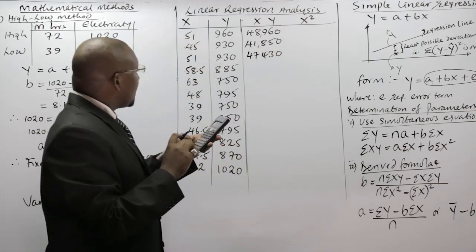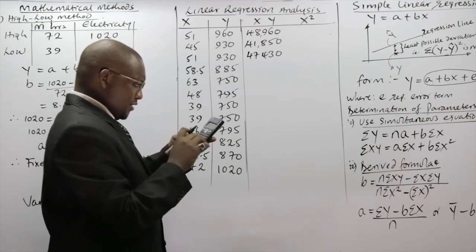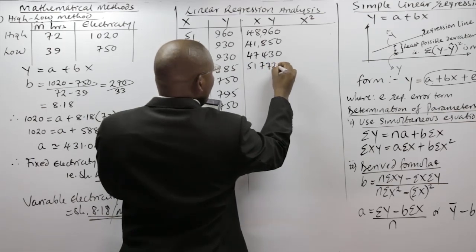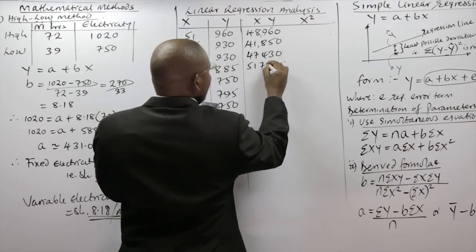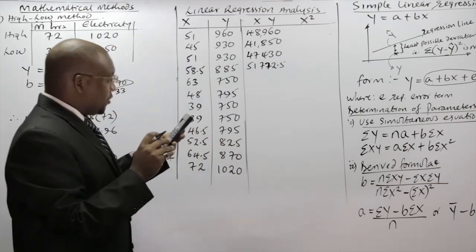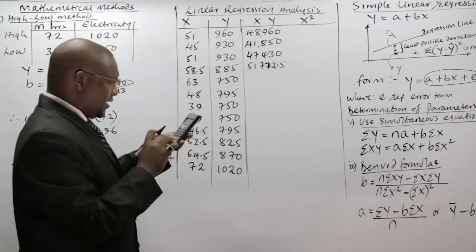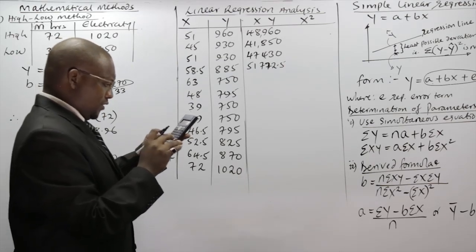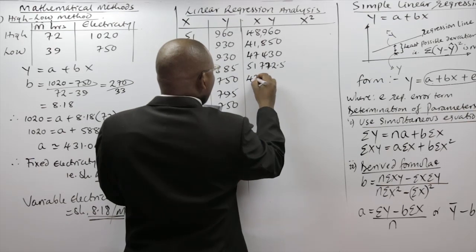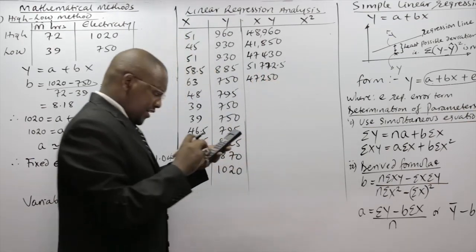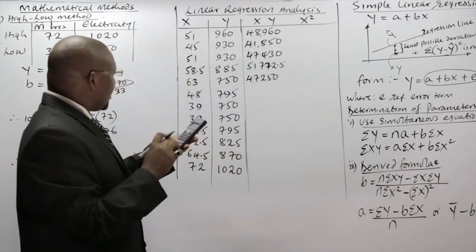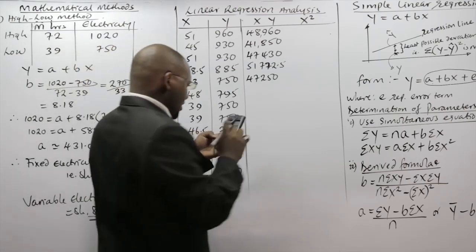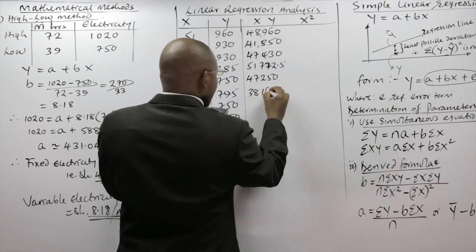58.5 times 885 gives me 51,772.5. Then 63 times 750 gives me 47,250. Then 48 times 795 gives me 38,160.